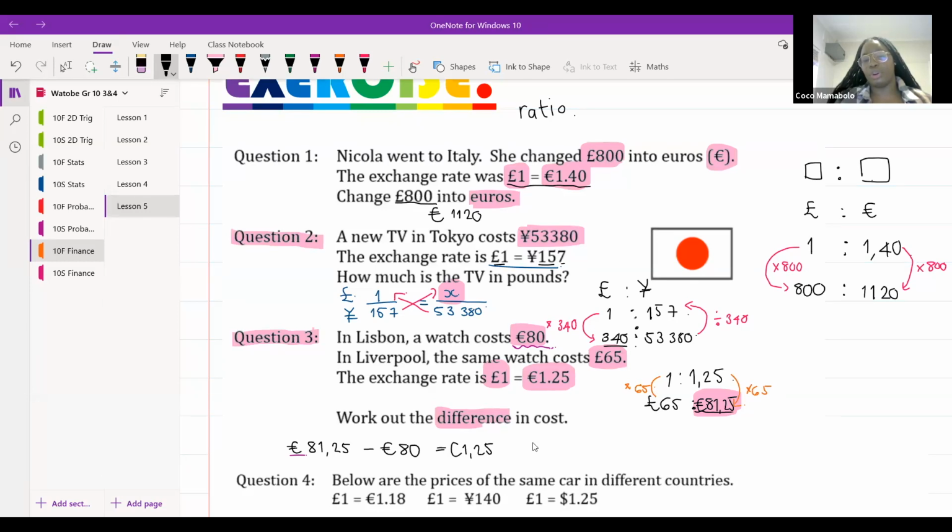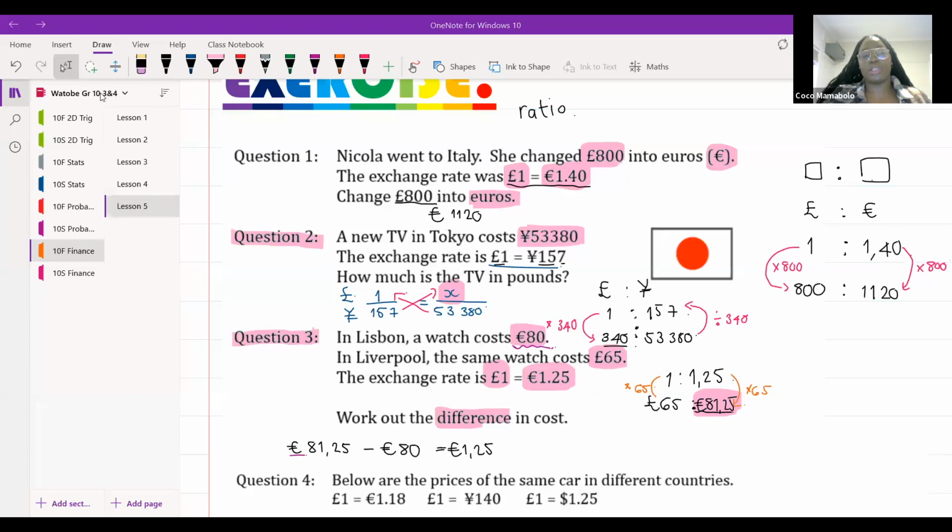Good, 1.25 euros. Beautifully done. Excellent. Well done. Thank you. I really needed somebody to help me explain that because it's a bit of a tough one. But you did very well. Well done, Jessica. Thank you, ma'am.